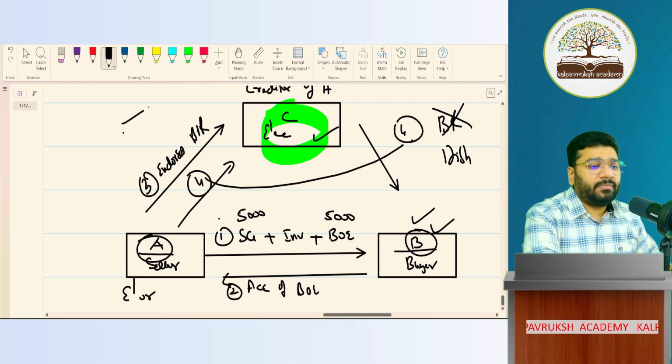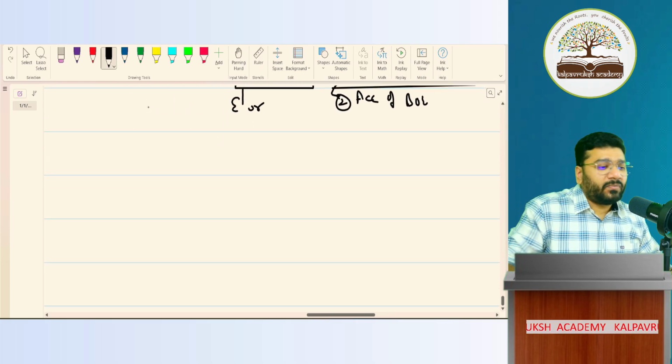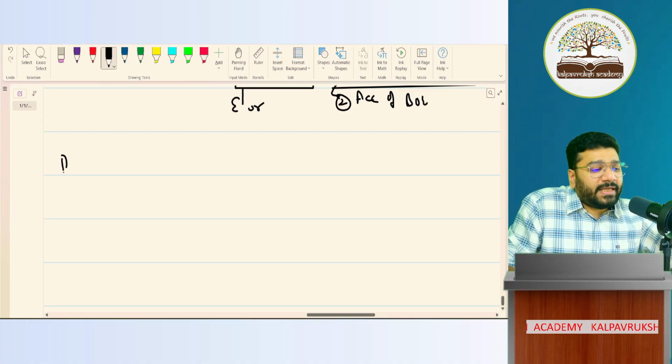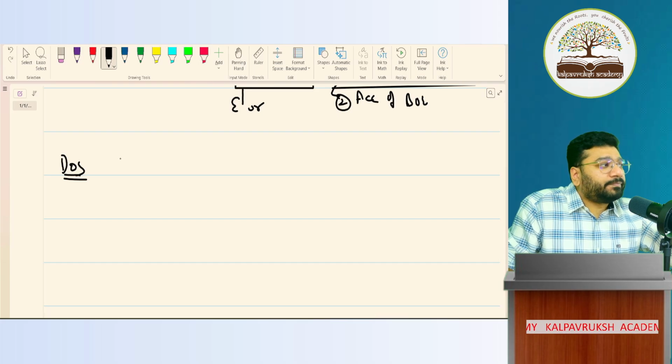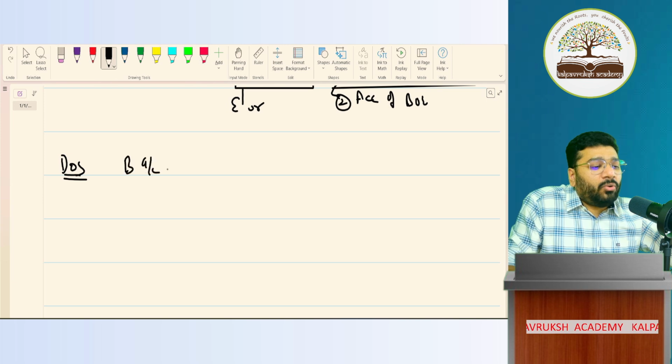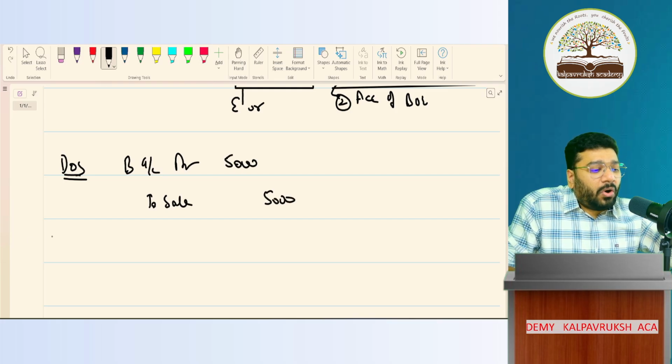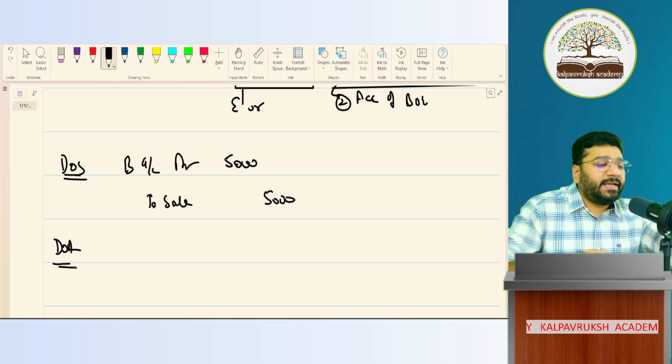No. Okay. Can you do the entry in the books of A? Fast. Tell me the sale entry. On the date of sale, what entry? Who has sold goods to whom? A has sold goods to B. So what is the entry? B account debit to sale. How much? 5,000. On the date of acceptance of the bill, what is the entry?